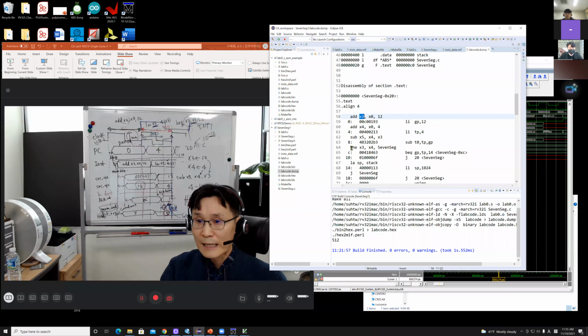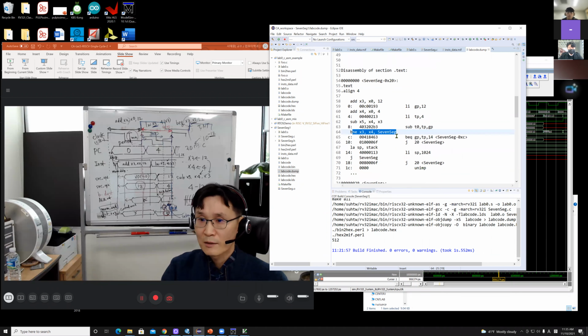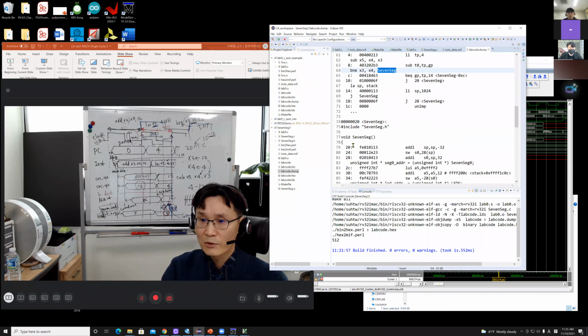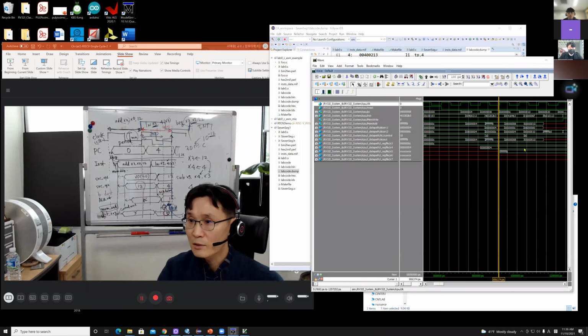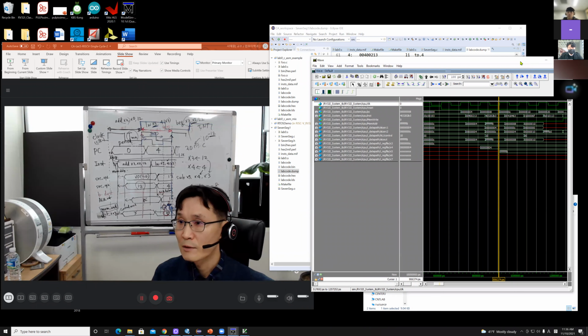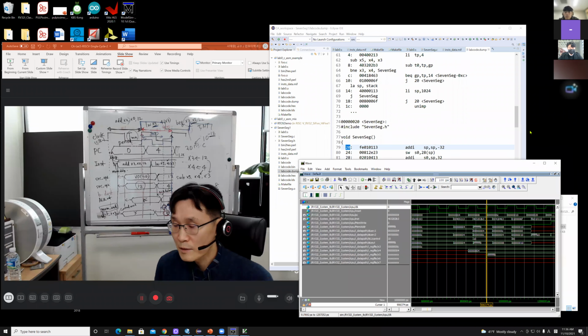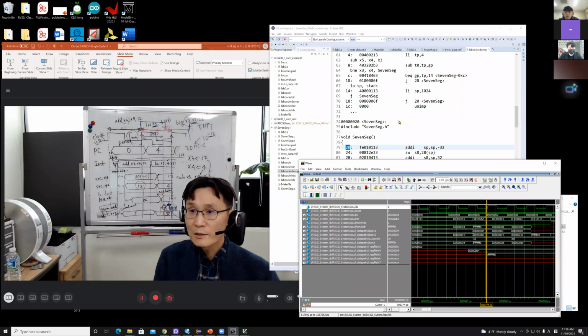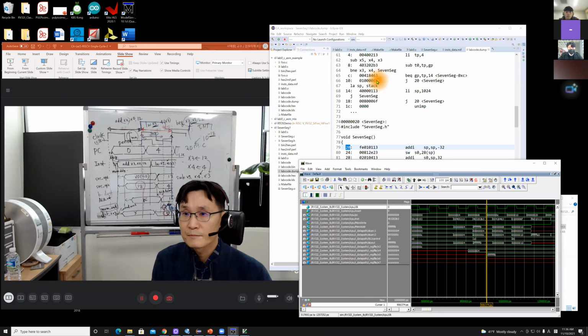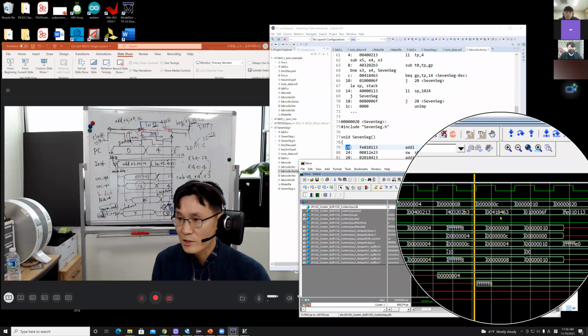Then the next instruction is a branch, right? So the branch instruction is supposed to do what? The program counter should be updated to that value, 20. If you look at this, at location C, a branch instruction.